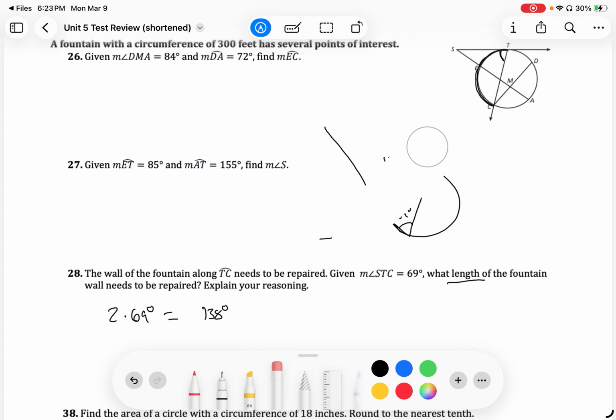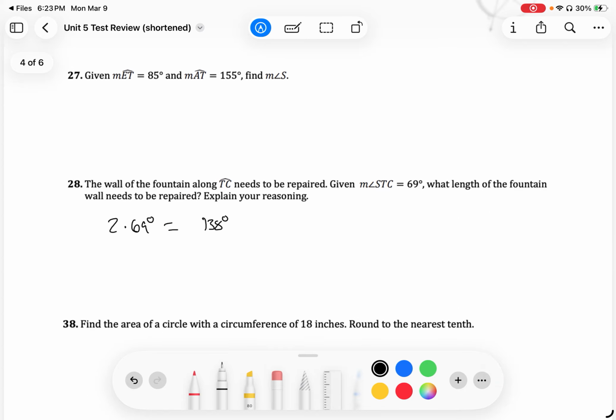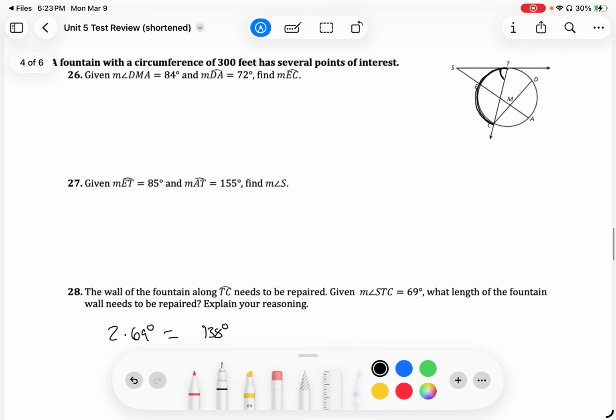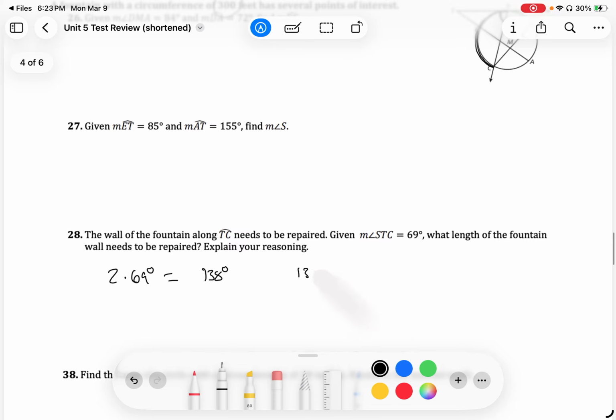So I know it's 138 degrees, but I want to find the length. Since the circumference is 300 feet, I can do 138 divided by 360 and multiply by my circumference, and that's going to give me the length. 138 divided by 36 times 30 would be another way to do it.